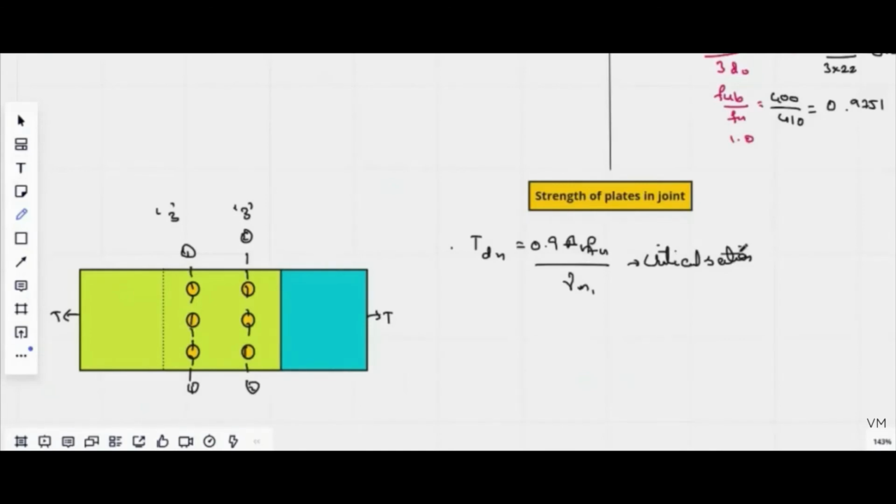So what happens here, when the area reduces, automatically the strength of plate will also get reduced. So this is why now we will calculate net area An equal to B minus n dh plus sigma I psi square by 4g into thickness of plate t.